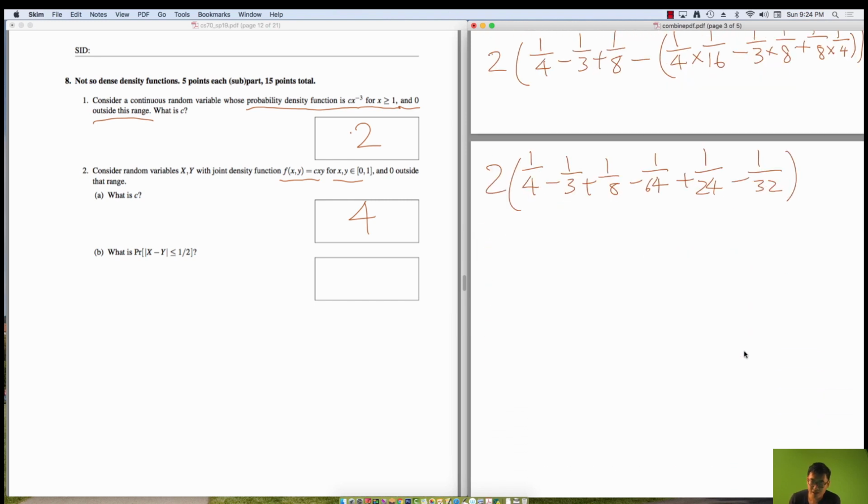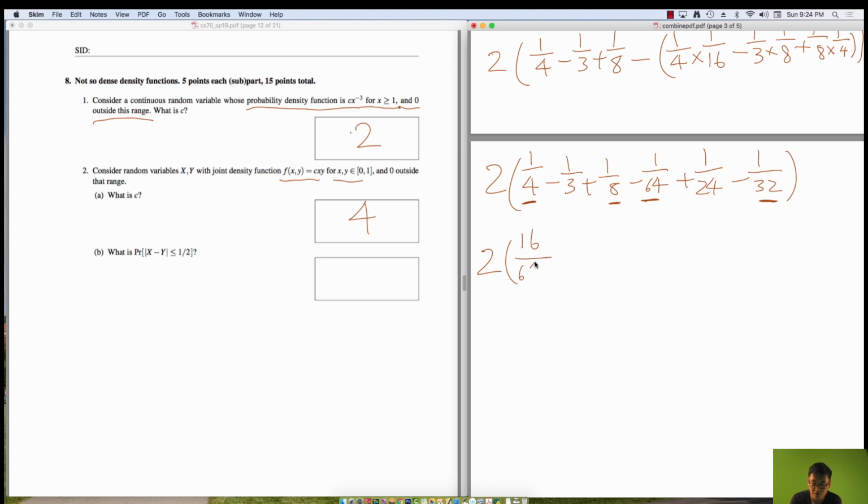So I have a bunch of these fractions, and I'm going to just try to combine them bit by bit. So I'm going to first combine the 1/4, the 1/8, the 1/64, and the 1/32, because I can turn them into fractions with 64 on the denominator, so they have a common denominator.